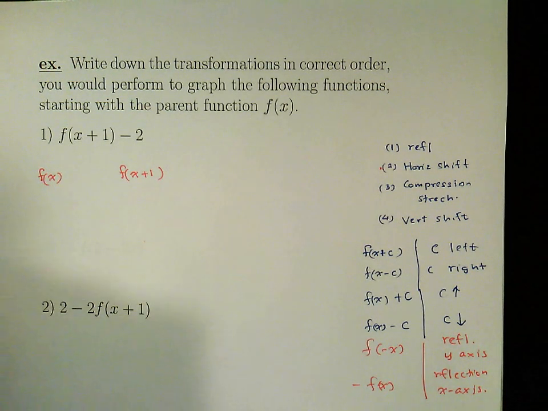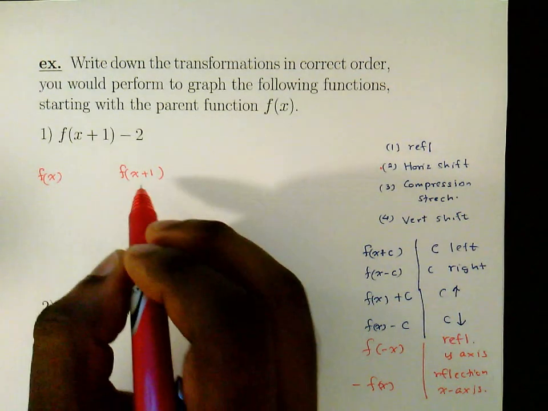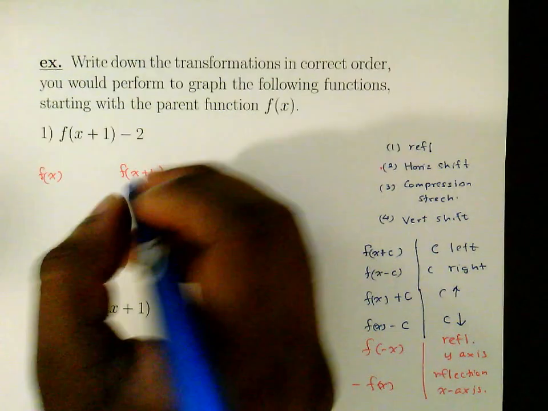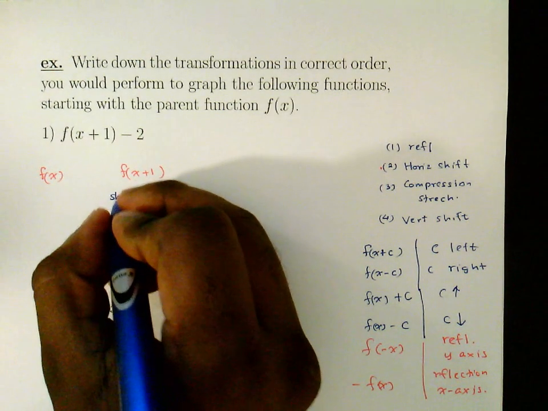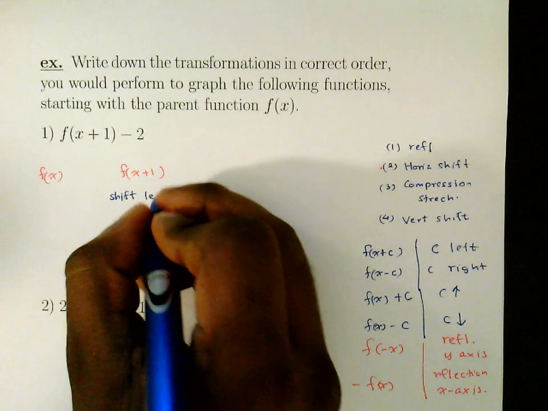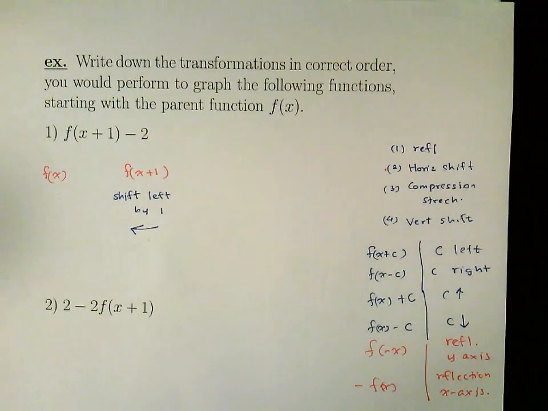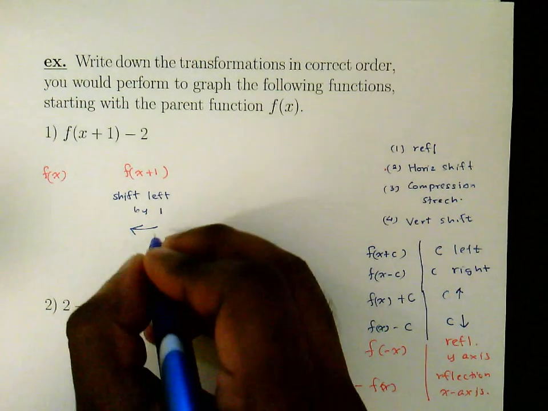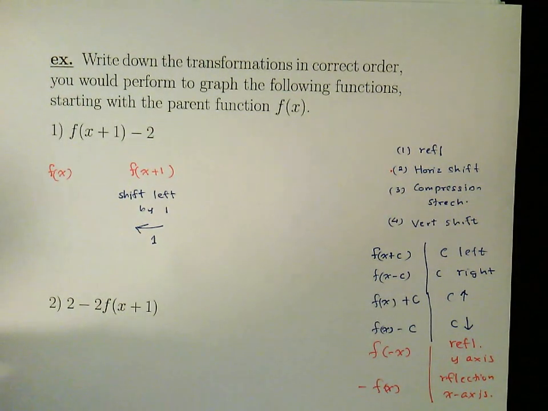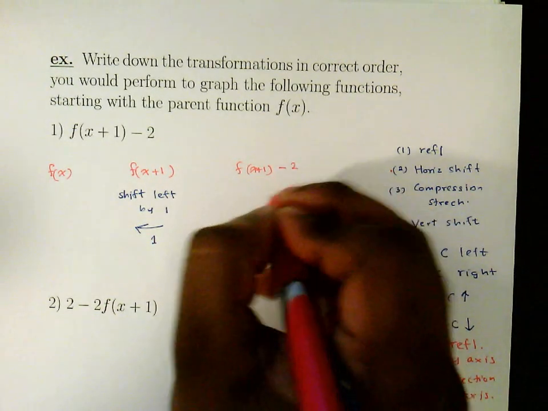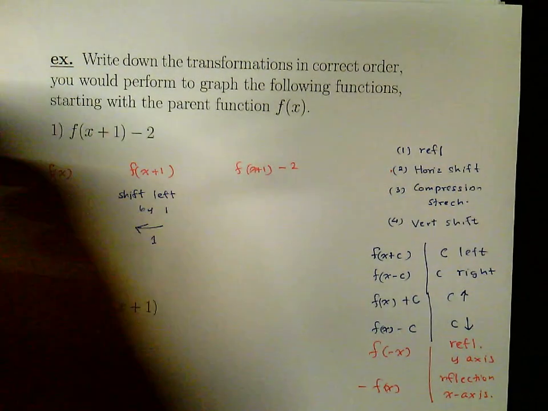Okay, so let me just go back to our sequence. So start with f(x), go to f(x plus 1), and that's shift left by 1. And then minus 2, so f(x plus 1) minus 2, that would be shift down by 2.